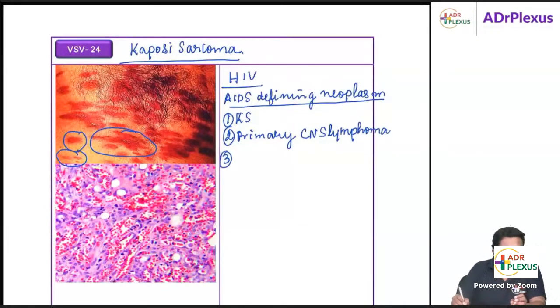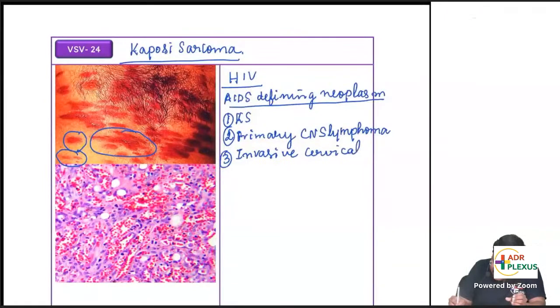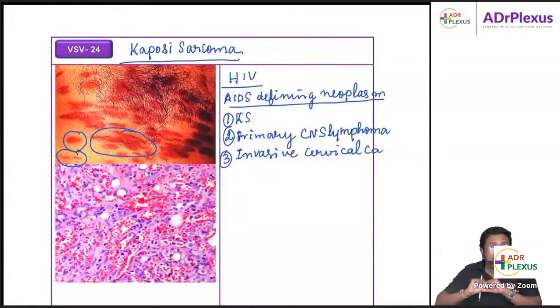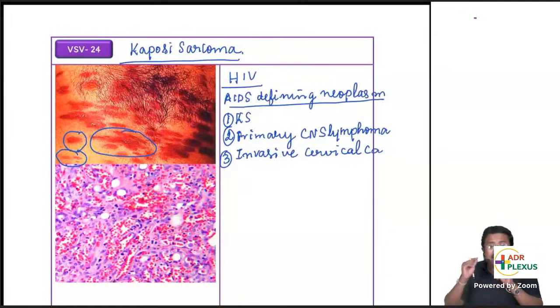What is the third one? Yes, invasive cervical cancer. So these three are the AIDS-defining neoplasms. That is, if an HIV patient is presenting with any of these three neoplasms, then he has gone to the stage of AIDS: Kaposi sarcoma, primary CNS lymphoma, and invasive cervical cancer.